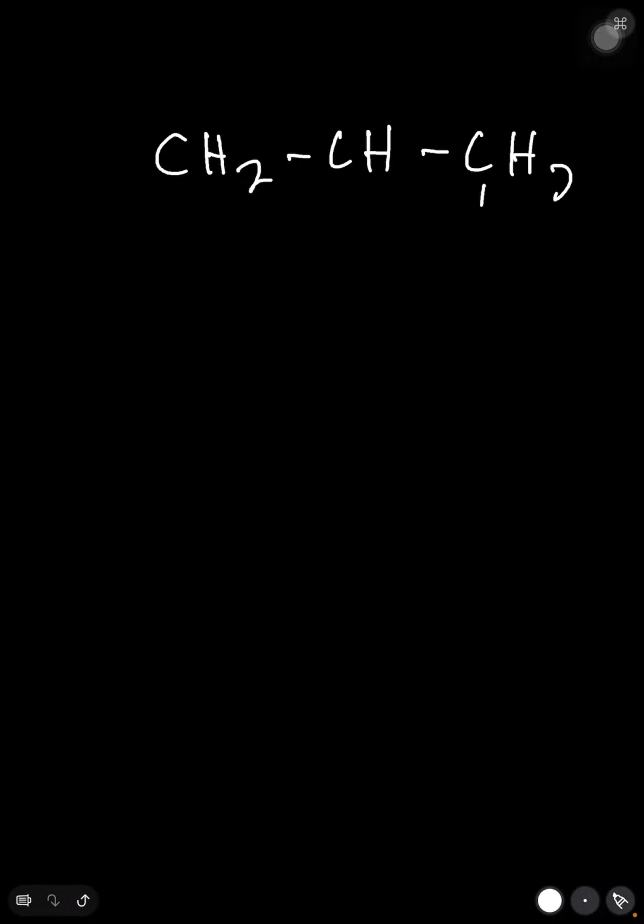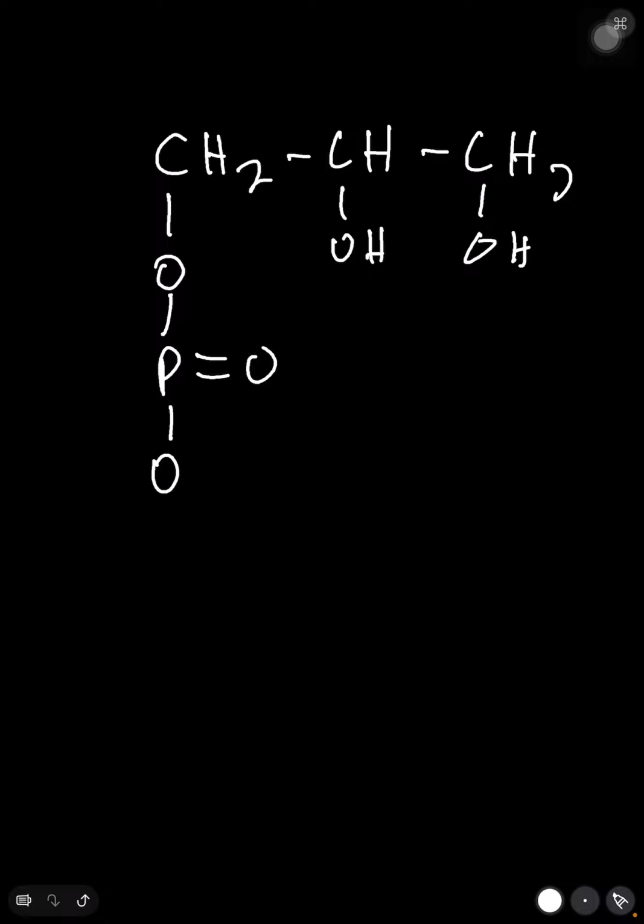You know, it's got 3 OH groups. Let's say that one of them made an ester linkage not with a fatty acid, but with phosphoric acid. Something like that.